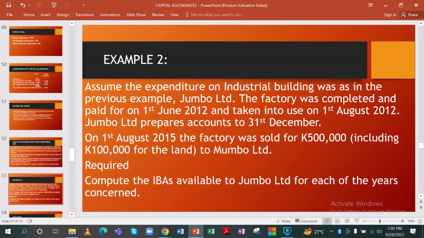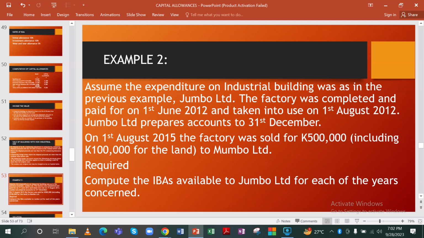On 1st August 2015, the factory was sold for 500,000, including 100,000 for land, to Mumbo Limited. Required: compute the industrial building allowance available to Jumbo Limited for each of the years concerned.